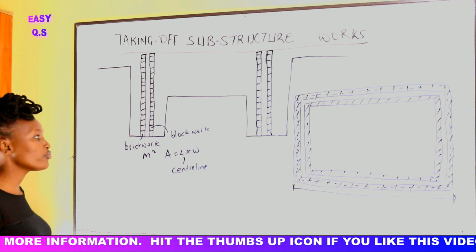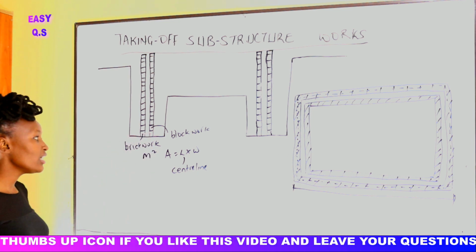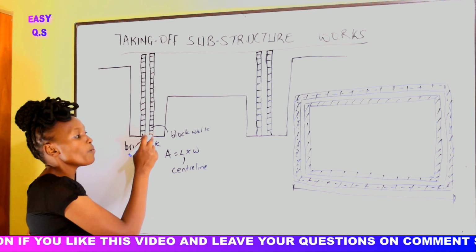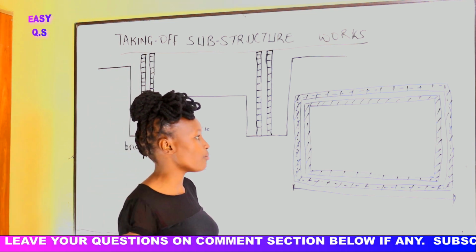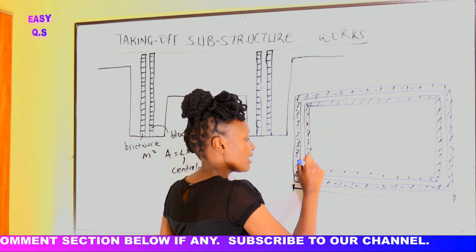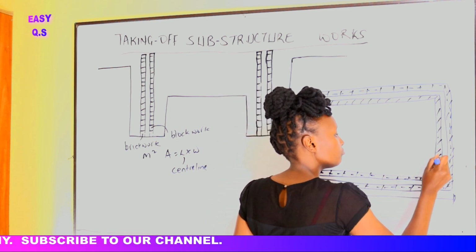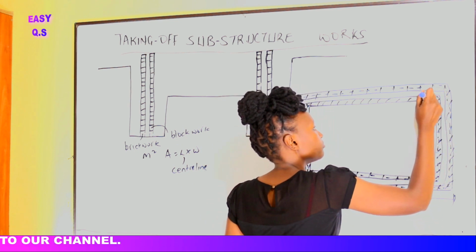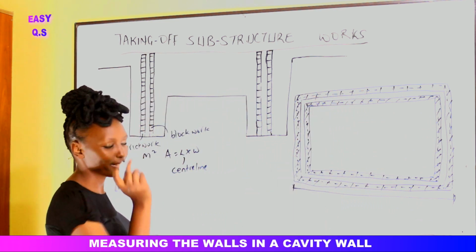Now we shall go to finding the area of the blockwork. How do we calculate that one? We shall take the center line of the blockwork times the height. So how do we calculate the center line of the blockwork? We shall have to find this center line here. We shall find the center line of the blockwork here. Then we multiply by the height.